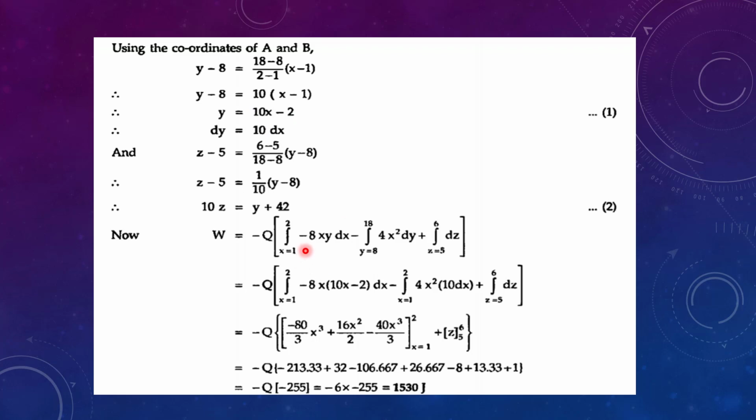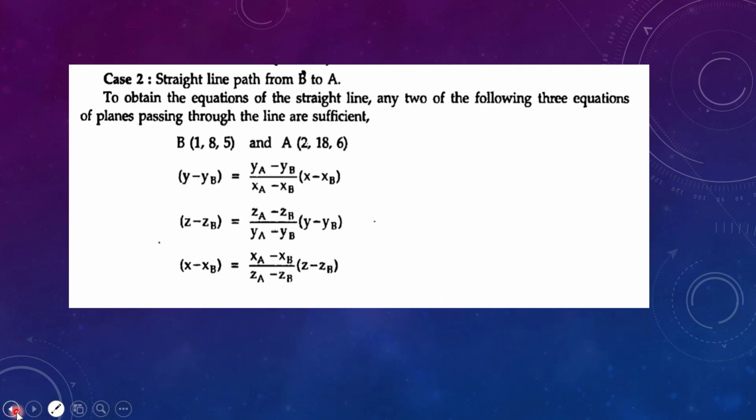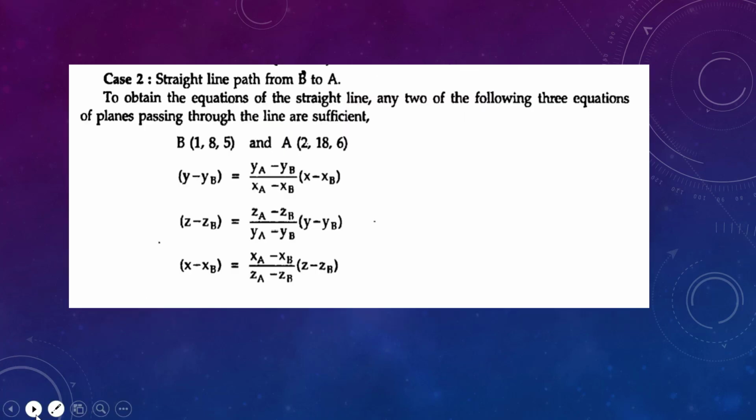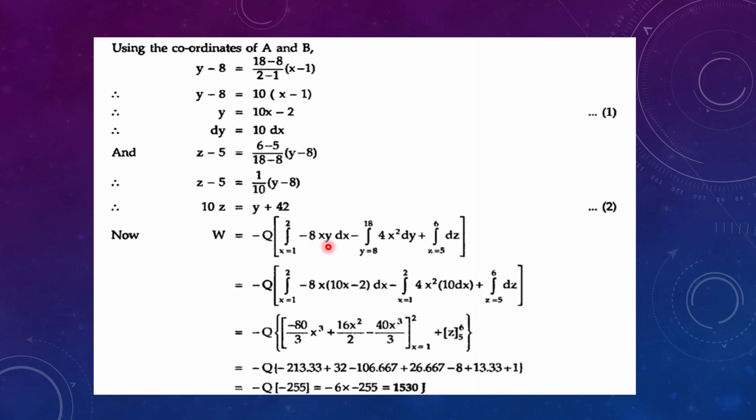So what was our equation? The original equation: minus 8xy dx, limits of x from 1 to 2, 4x square dy, 8 to 18, and dz, 5 to 6. We have already calculated this equation in the previous case; here we will start with it.